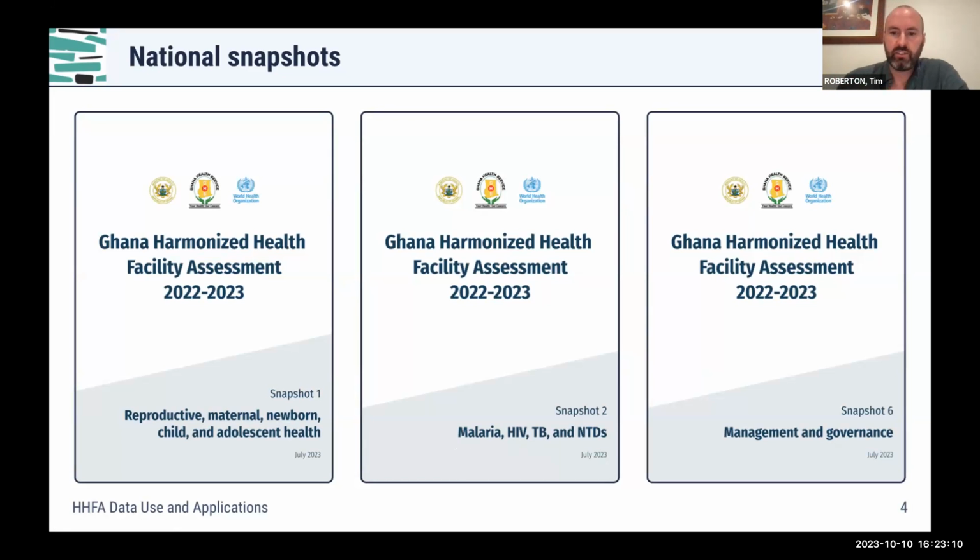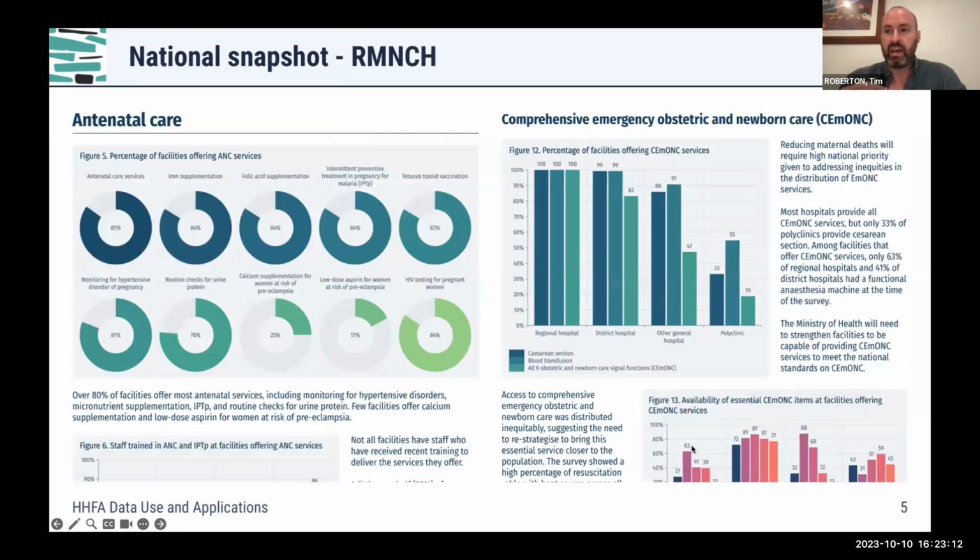So each of these snapshots had, like I said, about 15, 20 pages of high level or kind of detailed results, but presented in a really approachable way, either just for the country itself or disaggregated by region, facility type, ownership, that kind of thing, and with messages throughout.